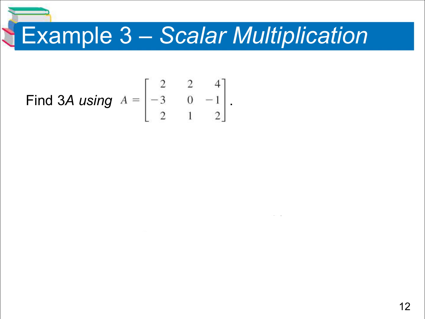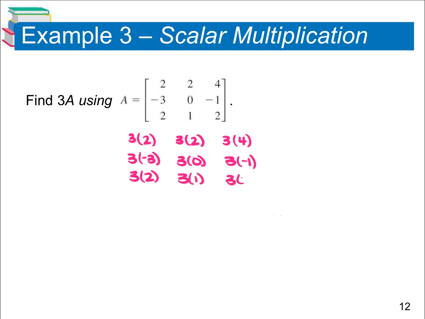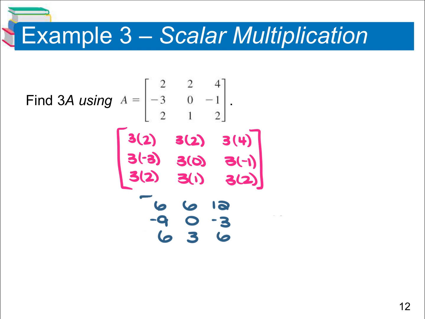So that means you're going to do 3 times 2, 3 times 2, 3 times 4, 3 times -3, 3 times 0, 3 times -1, 3 times 2, 3 times 1, and 3 times 2. This is going to give you the matrix of 6, 6, 12, -9, 0, -3, 6, 3, 6.